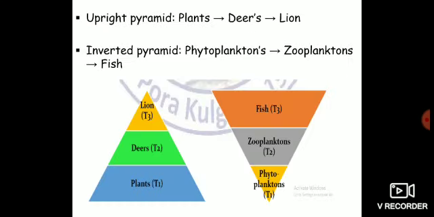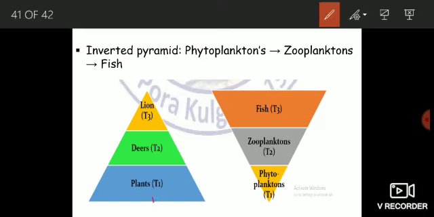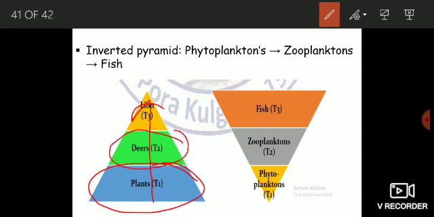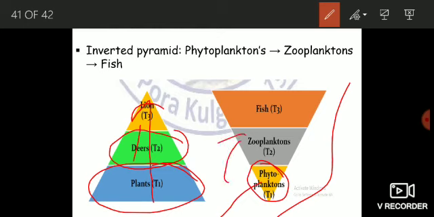Let's move to the next slide, you can easily appreciate two types of pyramids of biomass. This is the upright pyramid of biomass. That means the biomass of plants is more as compared to deers, and the biomass of deers is more as compared to that of lions. However, in case of aquatic ecosystems, for example ponds, you are having the phytoplanktons which form the producer level. Their biomass is least as compared to zooplanktons.